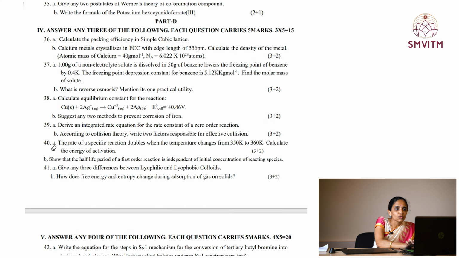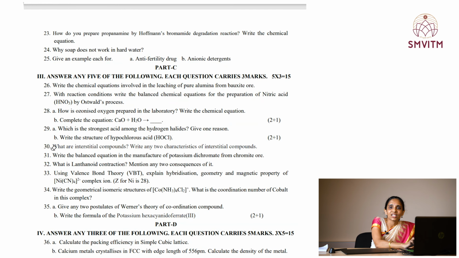And you have to note that here, as far as possible, a question will be set for 3 mark. Splitting is avoided maximum times. Only when there is no other way, they'll split the question as 2 plus 1. Most of the times you get a single 3 mark question, but sometimes the splittings may arise.